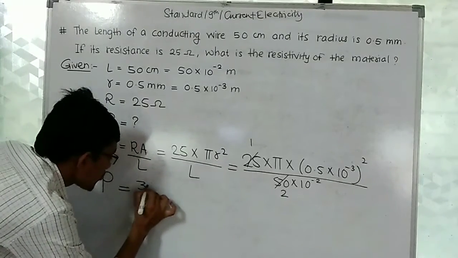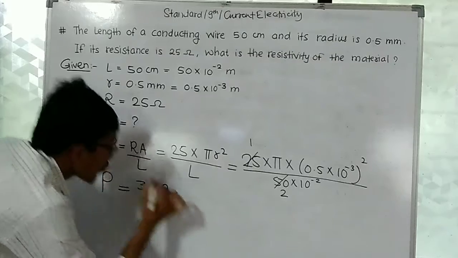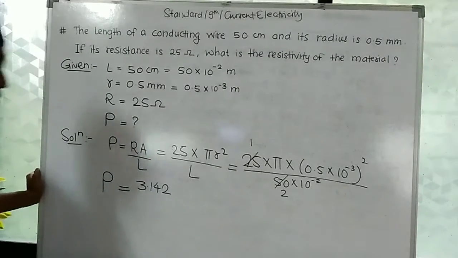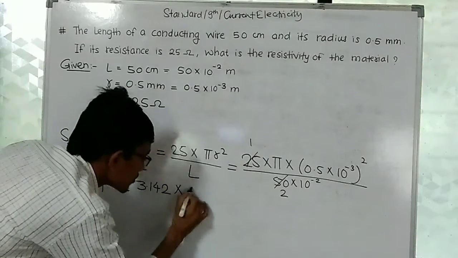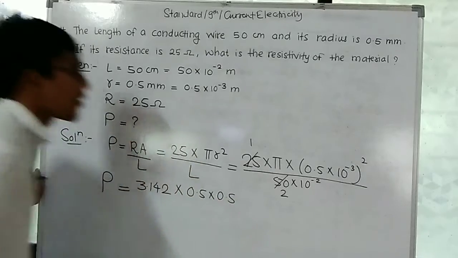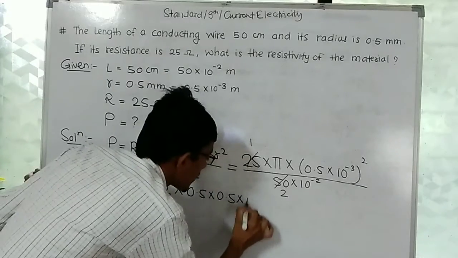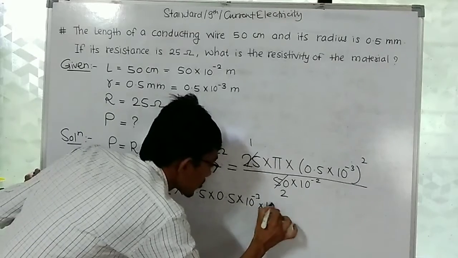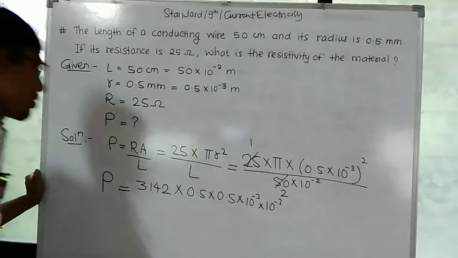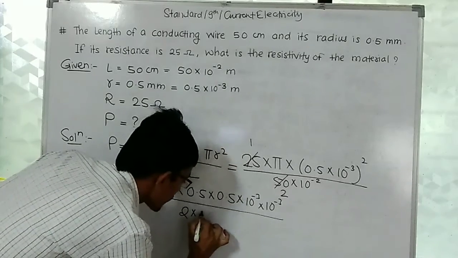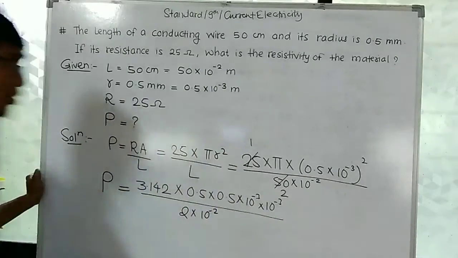It is 3.142 into 0.5 into 0.5, and again multiplied by 10 raised to minus 3 into 10 raised to minus 3, upon 2 into 10 raised to minus 2.